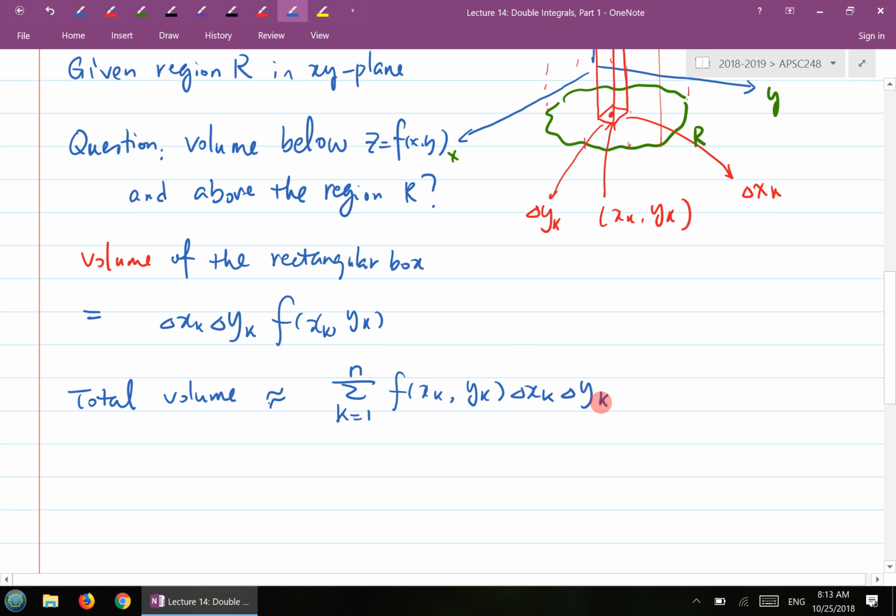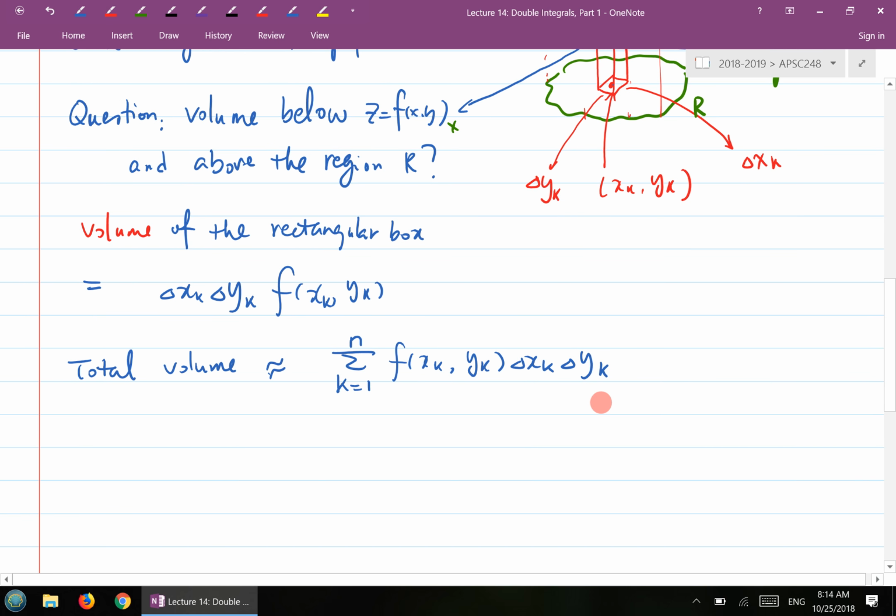So I'll get this approximation of the volume here. Okay. So we don't want the approximation as always. We want the precise. Then the only way to make it a precise total volume is we can let this total number of rectangular boxes n go to infinity.